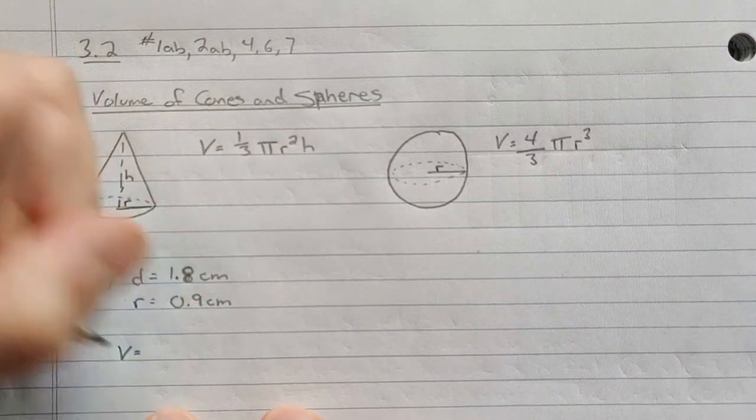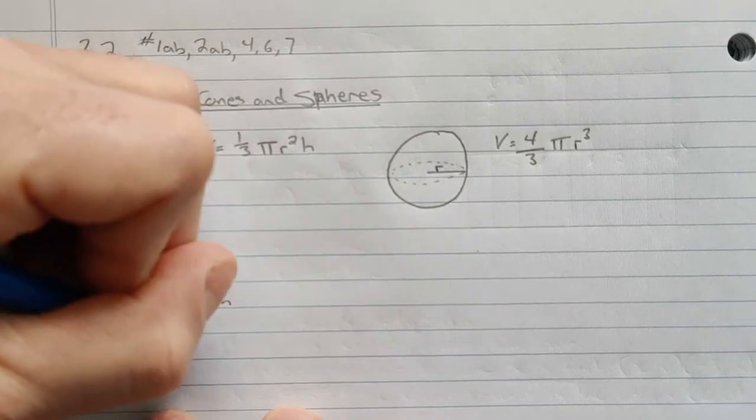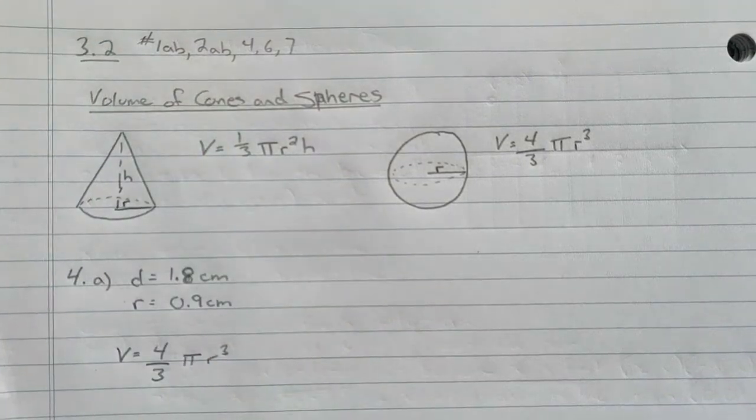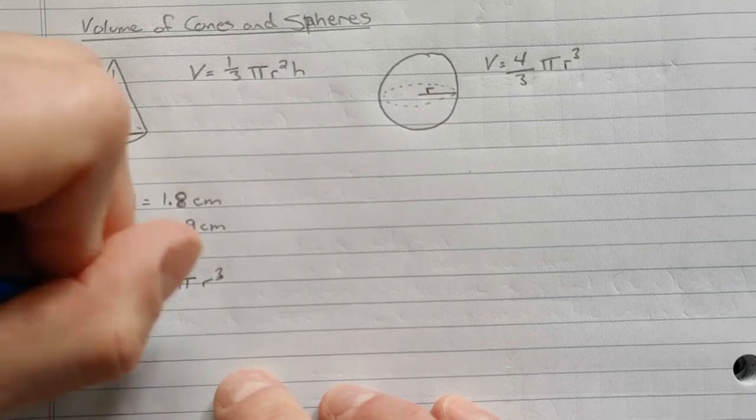So volume of a sphere is 4 over 3 times pi times r cubed. So we'll fill that in with their values.